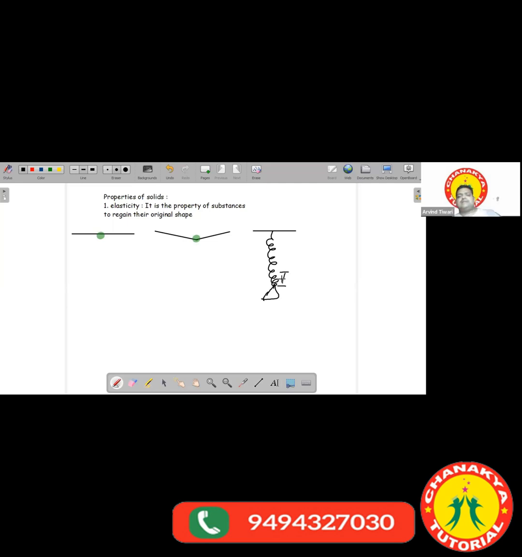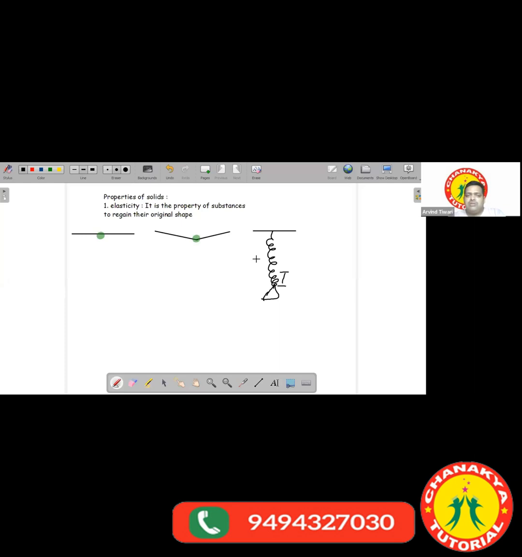The spring gets extended. If you remove the weight, the spring comes to its original position. It comes to its original shape and size. Okay. So by this we confirm elasticity. Elasticity is the property of substances to regain their original shape.